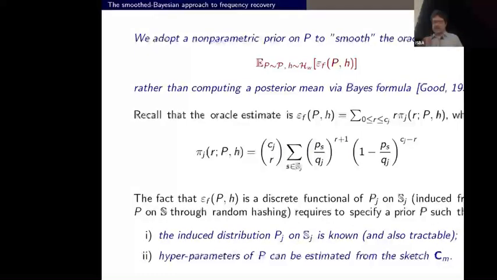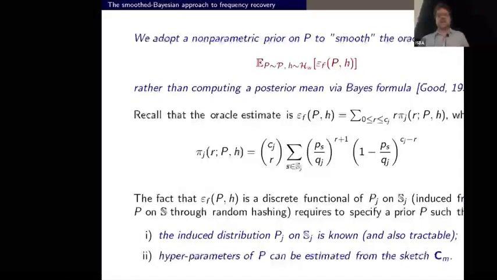Okay, so here is what I said. Basically, if I want to solve this task, I need to find a distribution for P such that I'm able to find the distribution induced by the random hashing. That's the main point, because if I'm able to do that, I can solve this expectation.